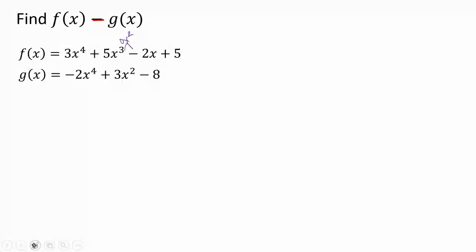All right, so the first thing you always want to do is make sure, since it has a minus in front of the g of x, you change all of the signs of your g of x. So I'm just going to take this bottom function, and we're going to change the signs. Instead of negative 2x to the fourth, we're going to have a positive 2x to the fourth.